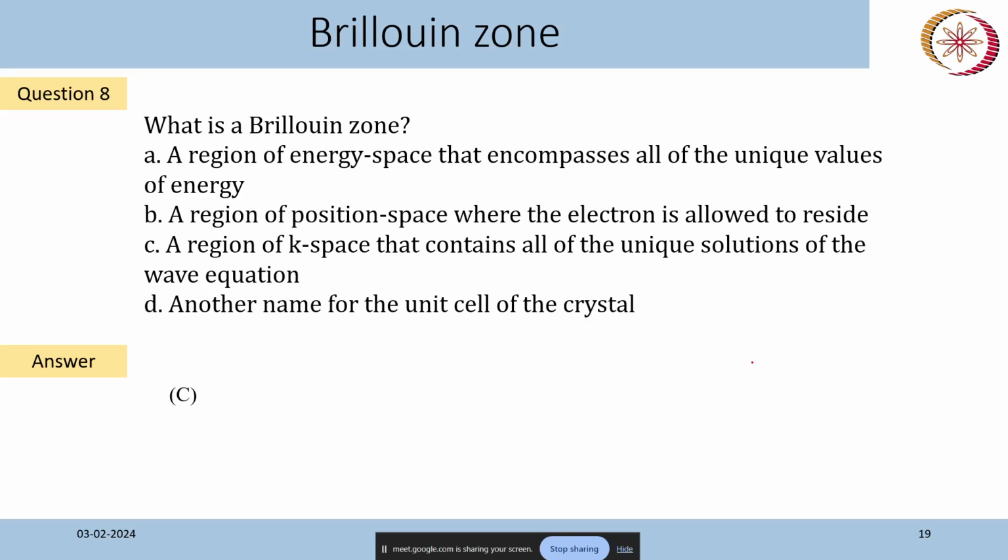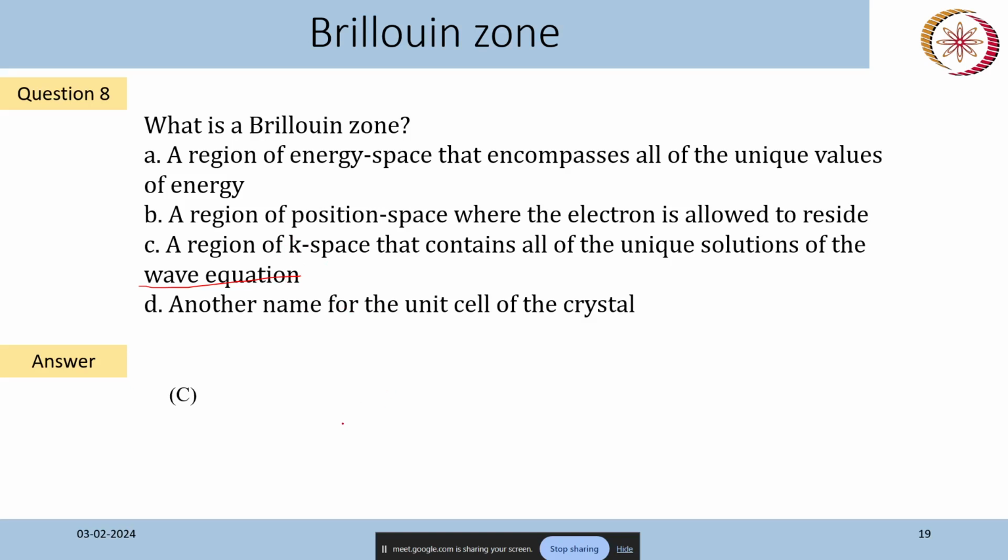So how do we get the possible energy values for electrons? That is by solving the Schrodinger wave equation, right? Using Schrodinger's wave equation, the solutions of the wave equation will give the possible energy values. So the Brillouin zone contains the possible energy values in that K space.